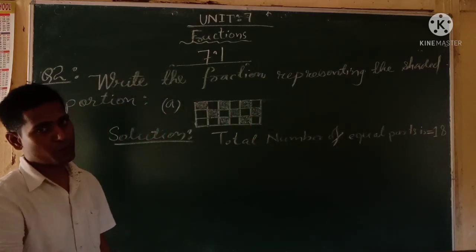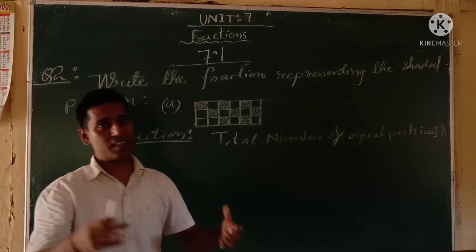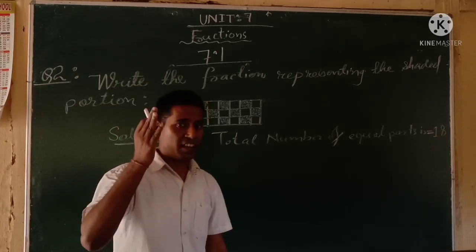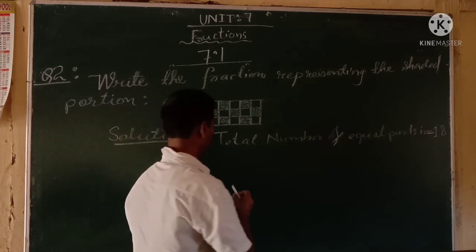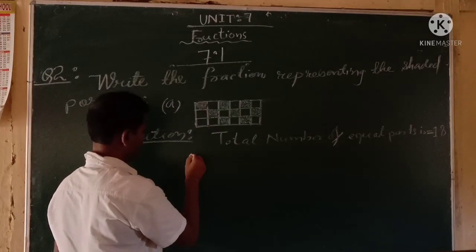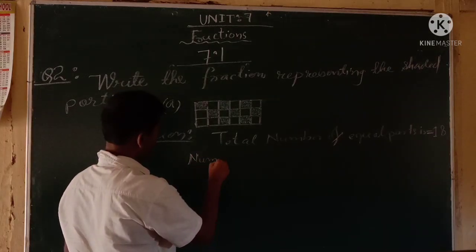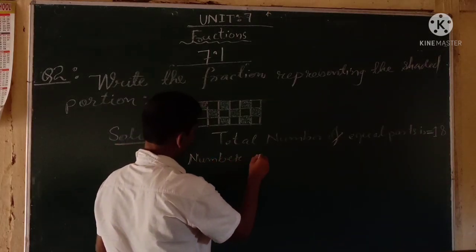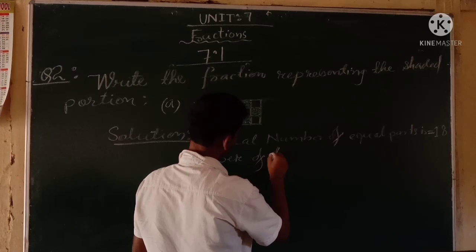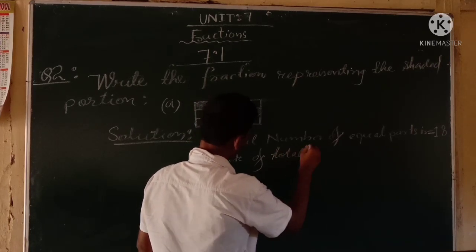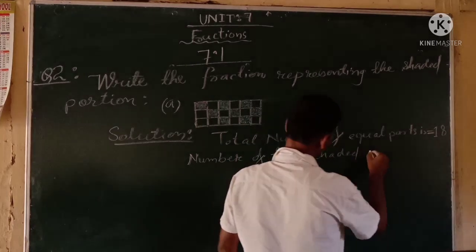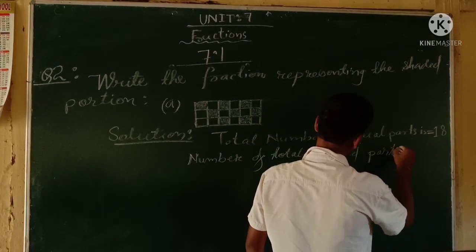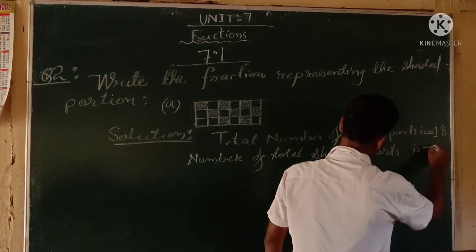We have seen that out of the 18 equal parts, 8 parts have been shaded. So the number of shaded parts is 8.